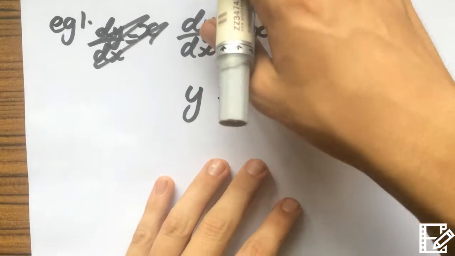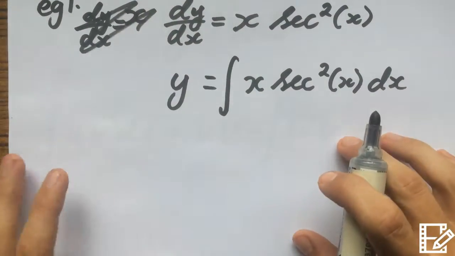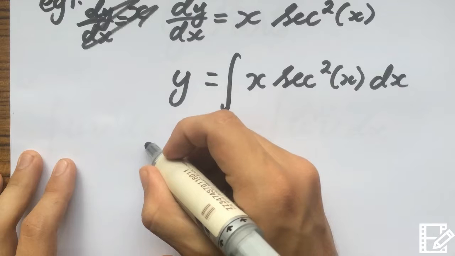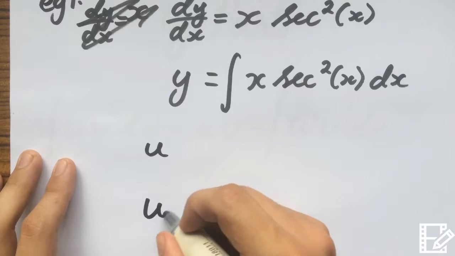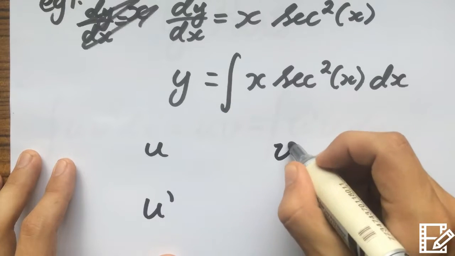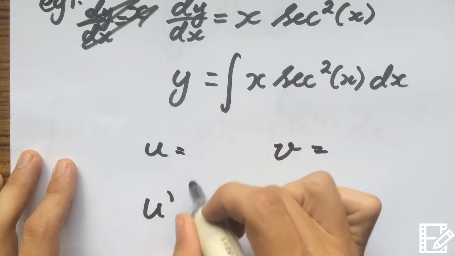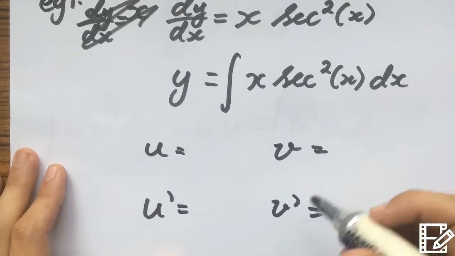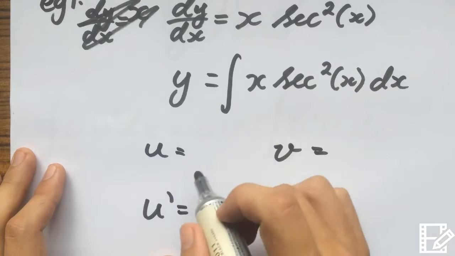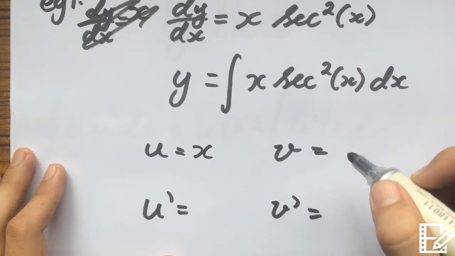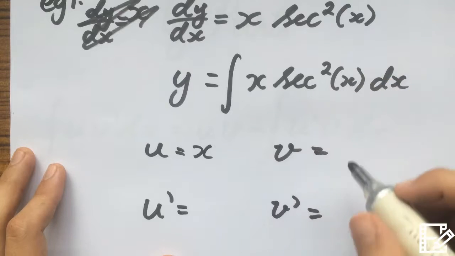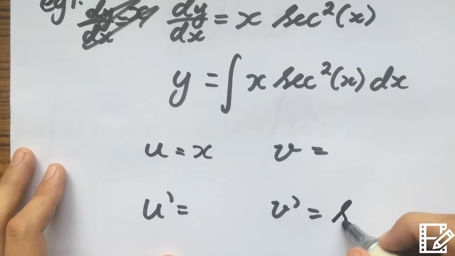Well, let's start easy by labeling it. We need a u, we need a u dash, we need a v, and we need a v dash. Let's say, for argument's sake, we put x as u, and we put sec squared x as v dash.